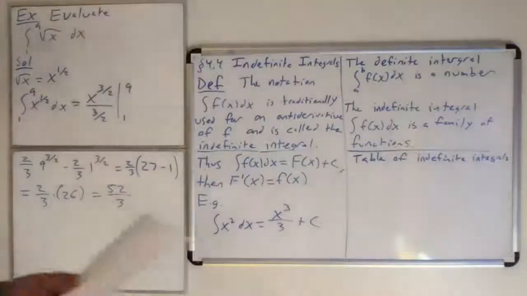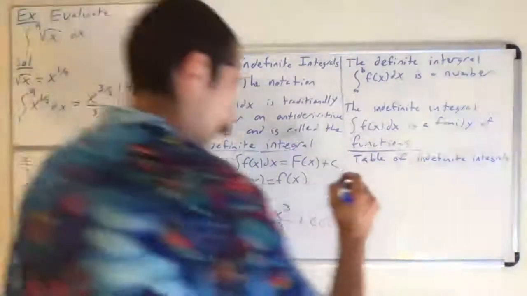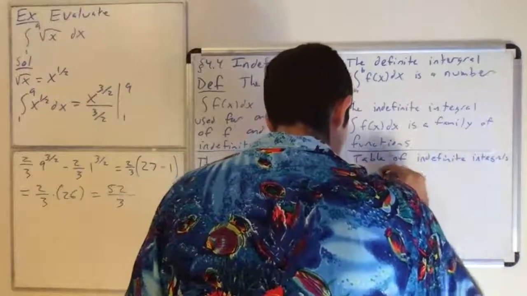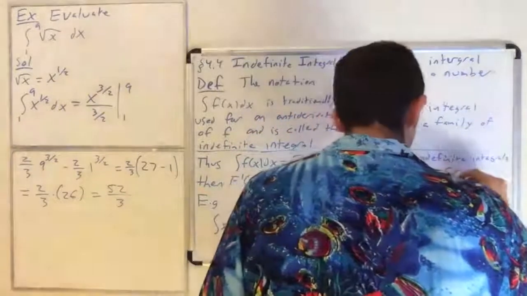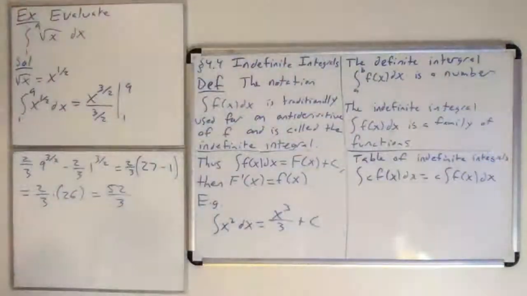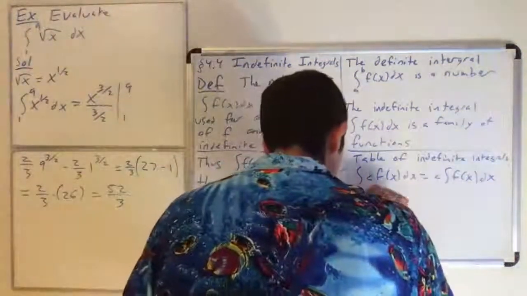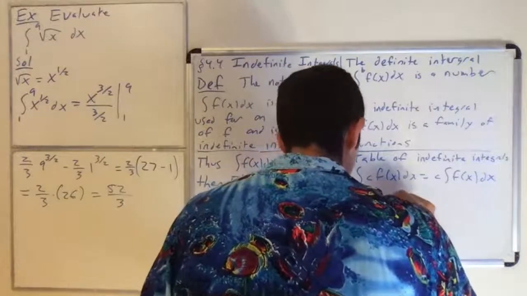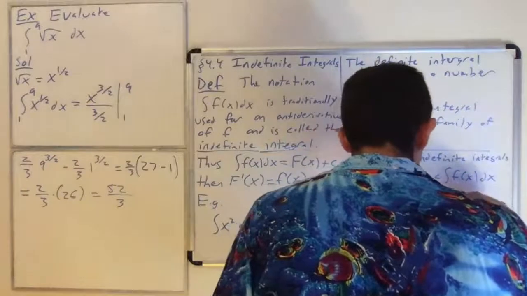All right, so this is a table of indefinite integrals. The integral of c times f of x dx is equal to, you can factor out the constant. Again, these are going to look identical to our list of definite integrals as well, except they don't have bounds. So I'm going to go through quick, because we just wrote these down yesterday, basically.